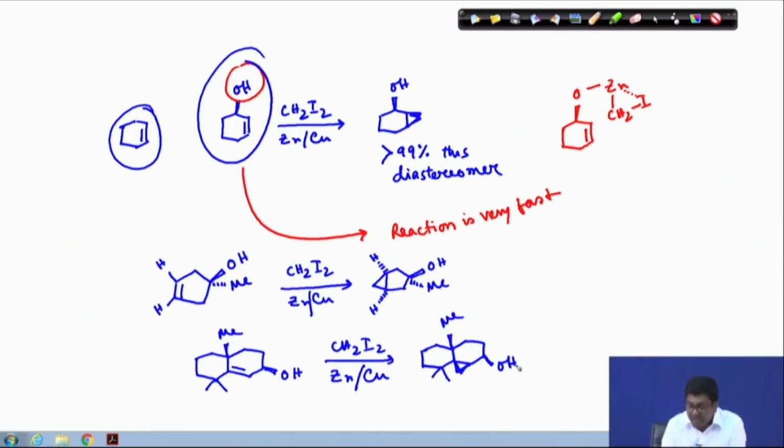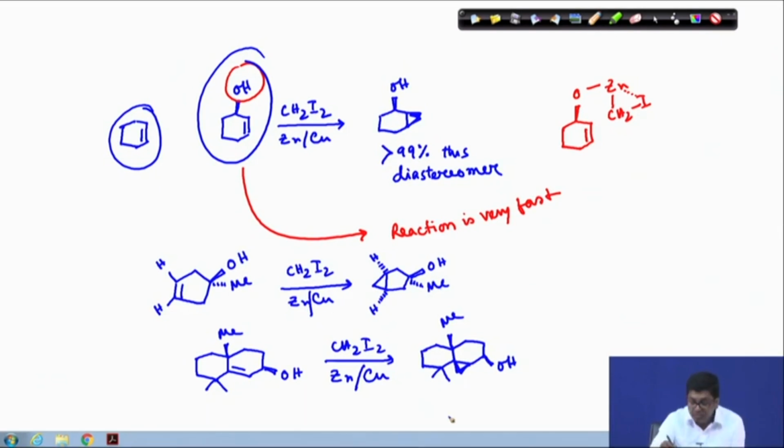Rather, this hydroxyl group, which is coordinating with this Simmons-Smith reagent or zinc carbenoid, is guiding through which face this cyclopropane ring is going to form. Okay. So, that is why this example is very interesting.